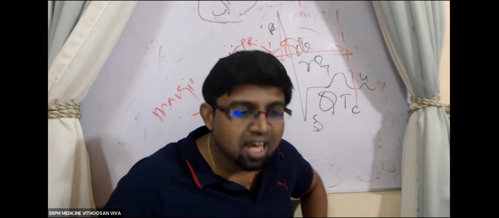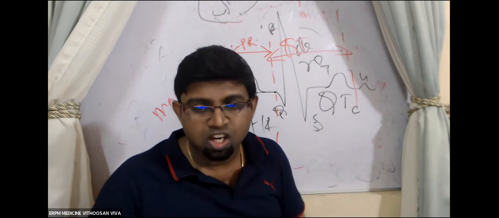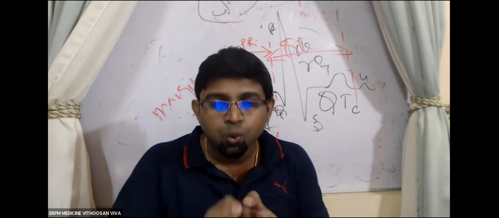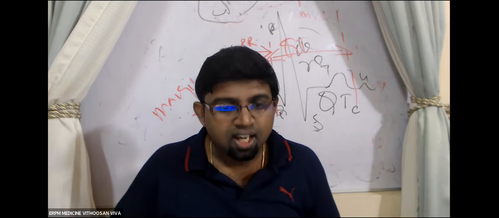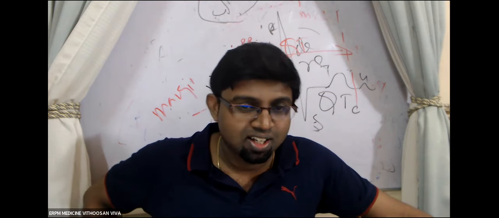So there are formulas, there are online applications, where you enter the heart rate, and it will tell you that for this heart rate, this should be the QT interval. Clear?